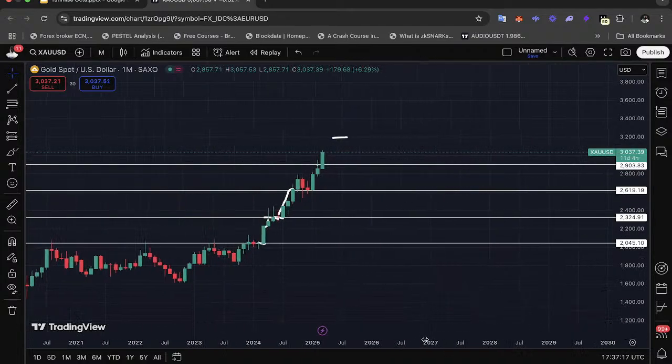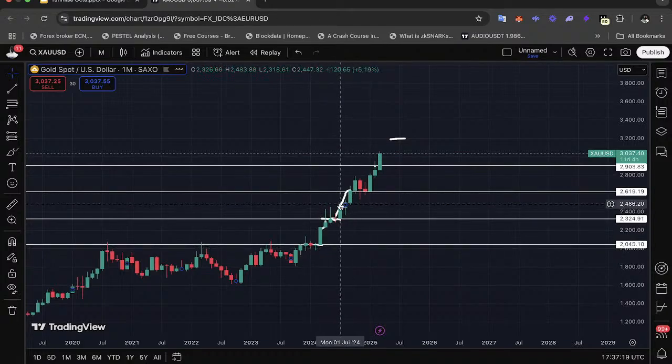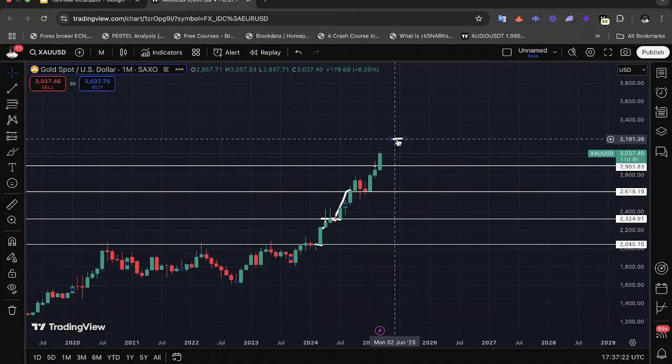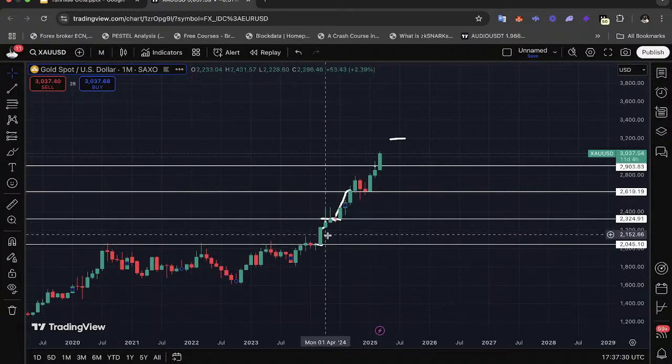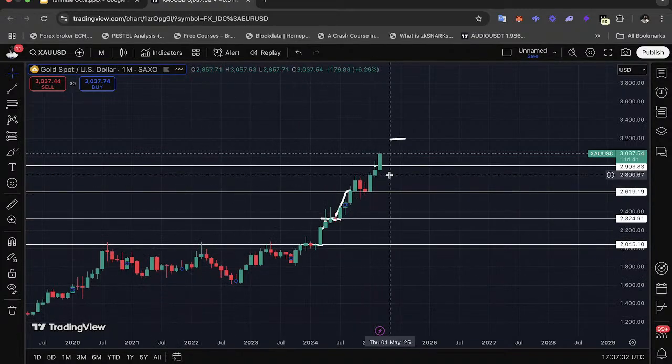Now it's interesting to see that gold is heading in that direction. Of course, we can see that gold has been on a very strong buy momentum.